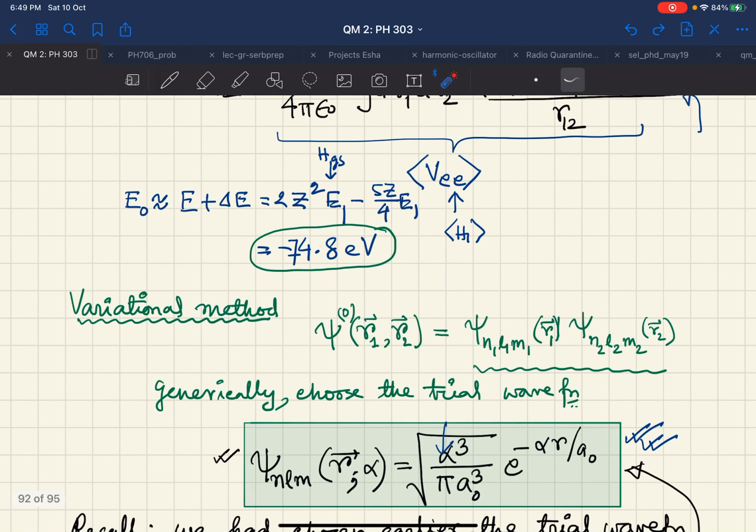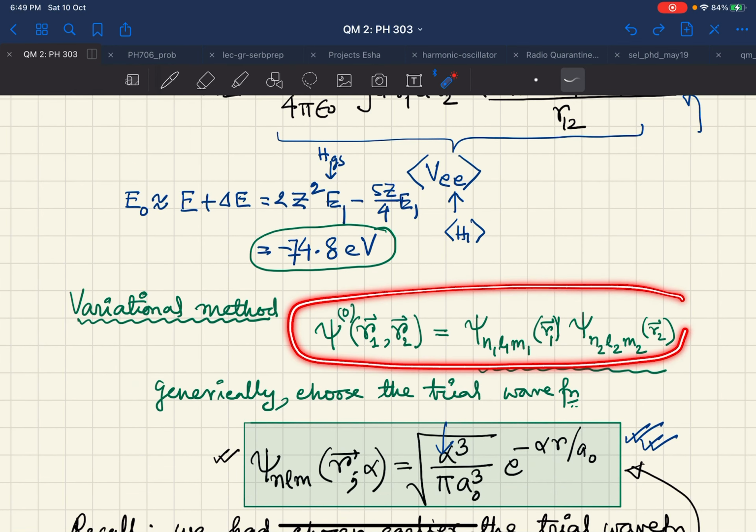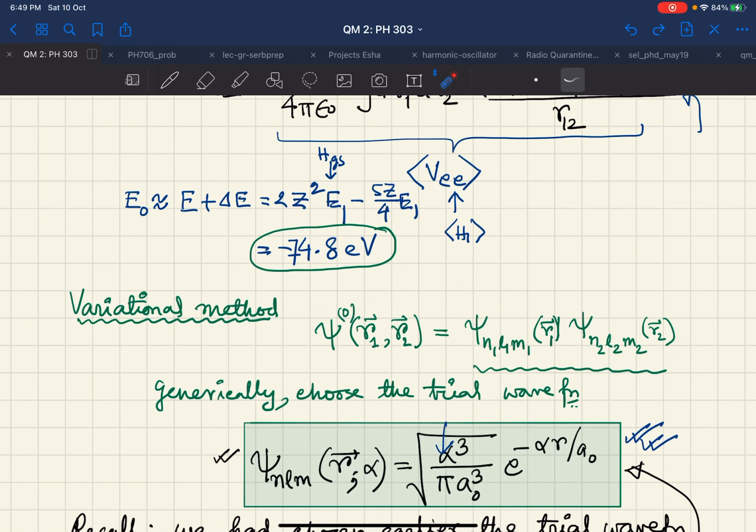So remember, this was the original wave function, psi 0 (r1, r2), which we had written as a product of two hydrogenic wave functions, psi n1 l1 m1 (r1), psi n2 l2 m2 (r2). But then what we say here is that we should generically choose the trial wave function as psi n l m (r), but now we introduce a parameter alpha.